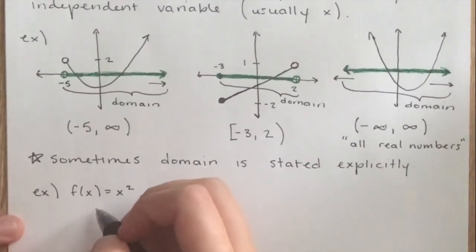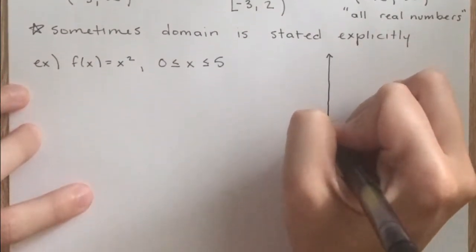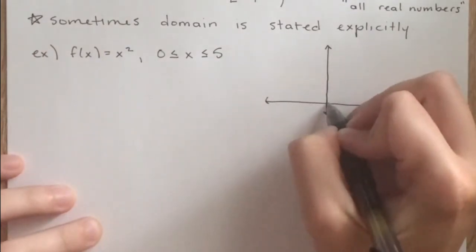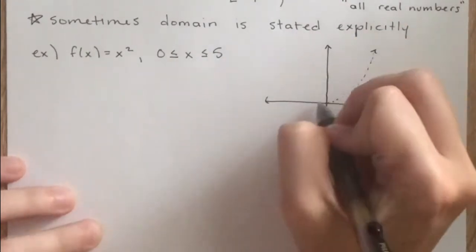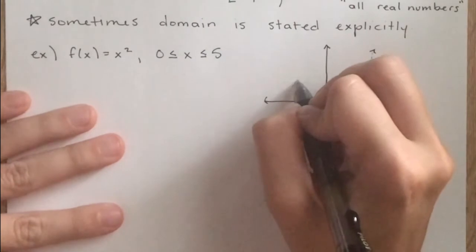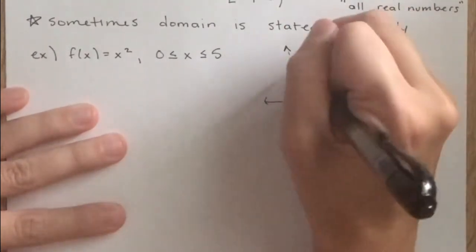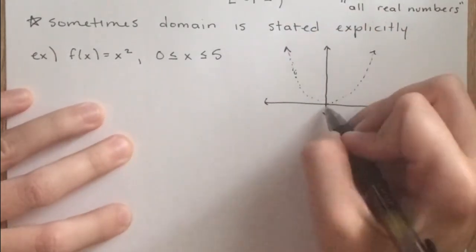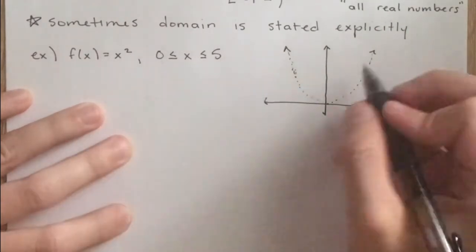And what this is saying is I'm looking at the graph of the function f of x equals x squared, which looks like this generally. I'm trying my best, y'all. But I explicitly only want to look at the x values between 0 and 5.